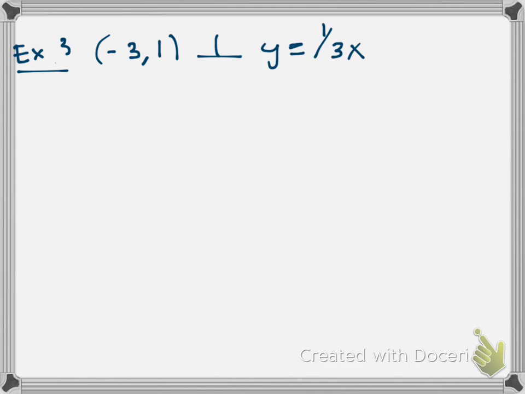Two more quick examples. Same thing we were doing, except this time, the natural progression is to go to perpendicular. So I'm going to be given this point, negative 3 comma 1. I want to write an equation in slope-intercept form that's perpendicular to y equals 1/3 x plus 9.